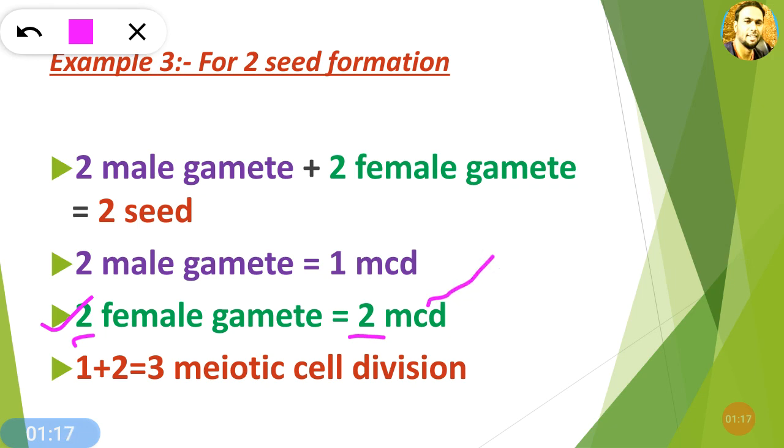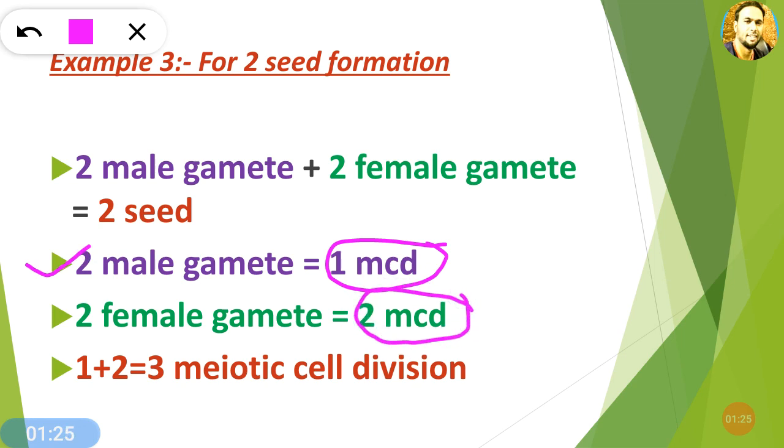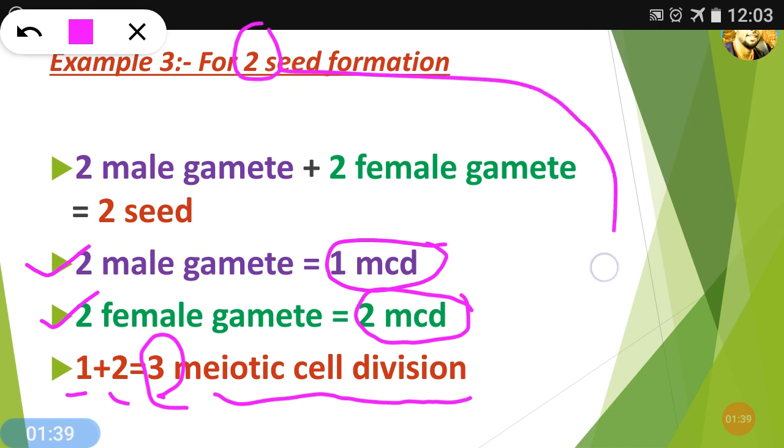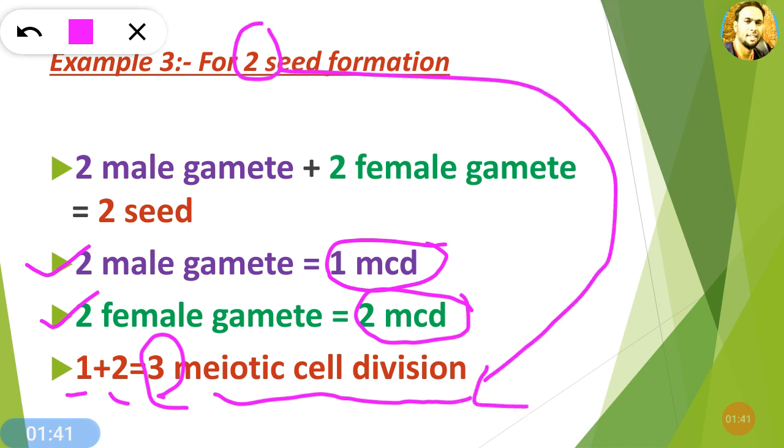So one meiotic cell division for 2 male gametes and 2 meiotic cell divisions for 2 female gametes. Likewise, 1 plus 2 is equal to 3 meiotic cell divisions will be the result. So for this 2 seeds formation, these 3 cell divisions are needed. Thank you.